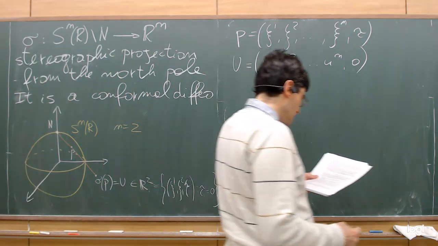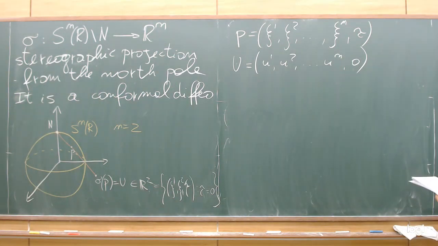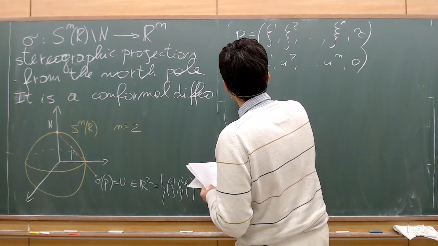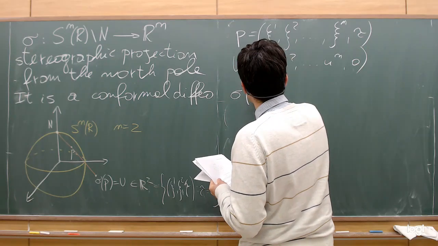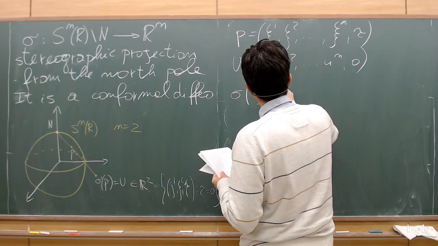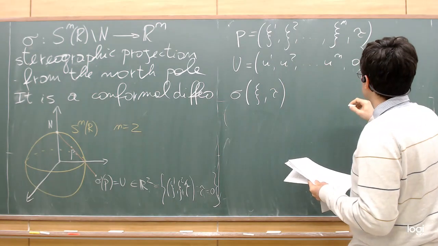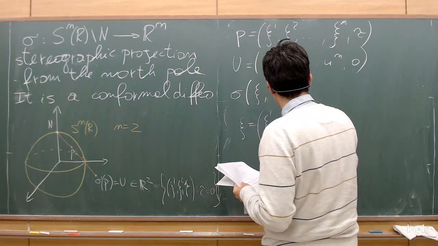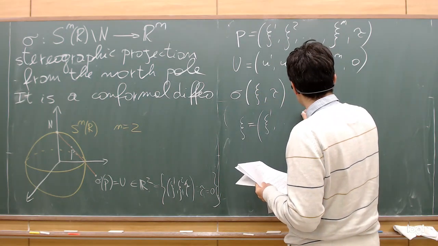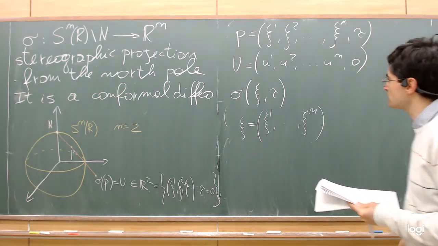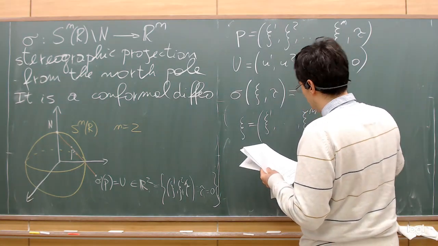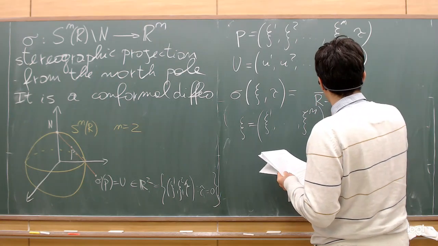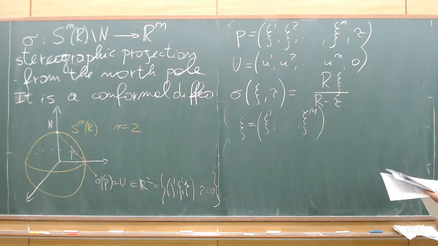It's possible to prove that sigma of (c, tau), where c represents c1, ..., cn, is given by Rc over R minus tau.